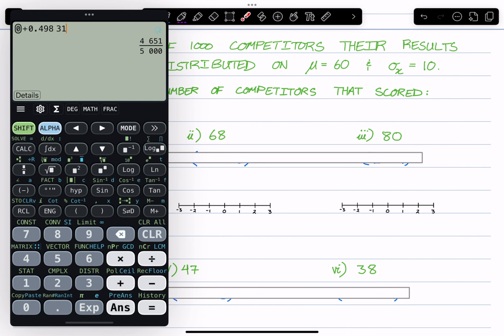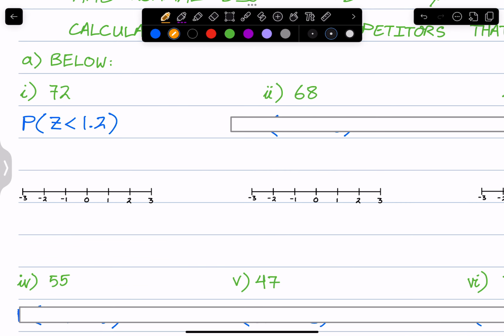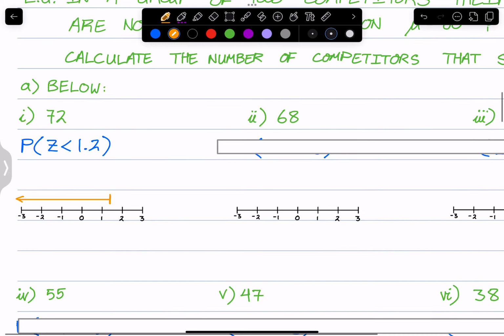So it was 72 minus the mean over 10. That gives us 1.2. So the Z score is less than 1.2. Graphically, we are looking for everything from 1.2, so about here, and everything below this.